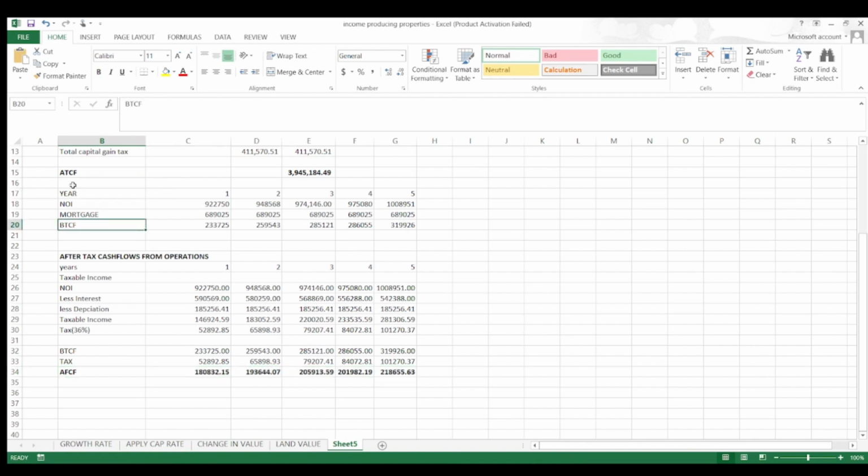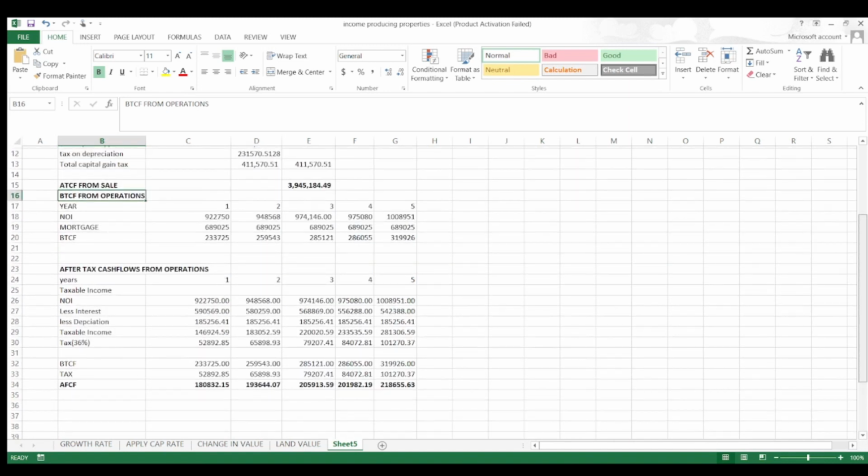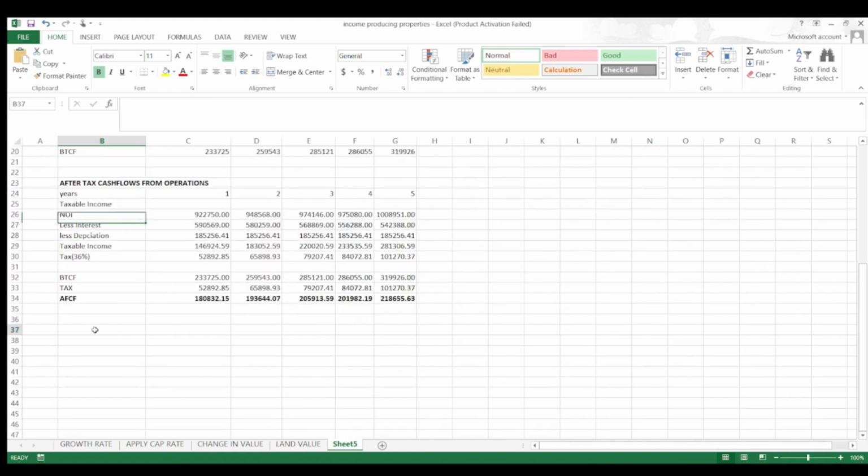So here, this was our before tax cash flow from operations. It's just for better clarity. Now with this information here, we can easily have the timeline of each cash flow.